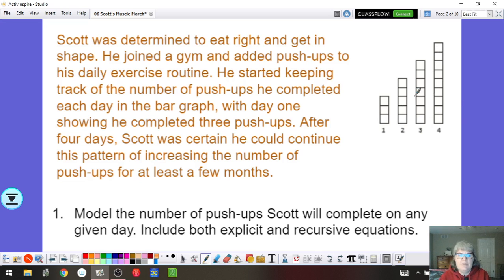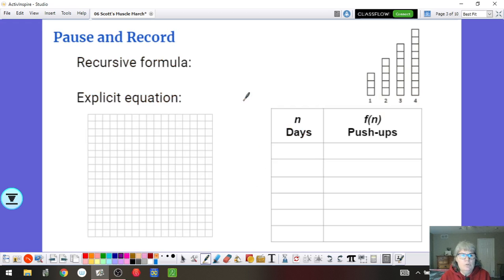We're going to take this pattern and we're going to model it using both a table and a graph, and we're going to write the explicit and recursive equations. So here is our pattern that we start with, and we have days 1, 2, 3, and 4, and we're going to see if we can see the pattern and complete days 5 and 6 without having to draw them out.